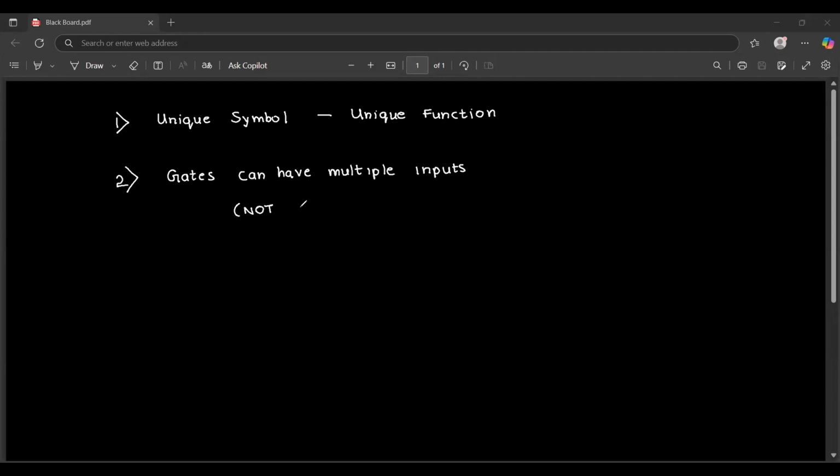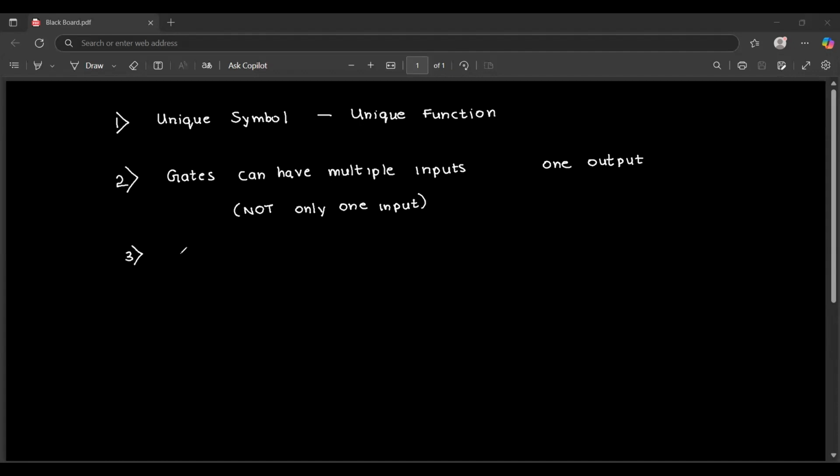NOT gate can only have one input. But all gates have one output. So normally gates can have multiple inputs except for NOT, but all the gates can only have one output. Keep that in mind.